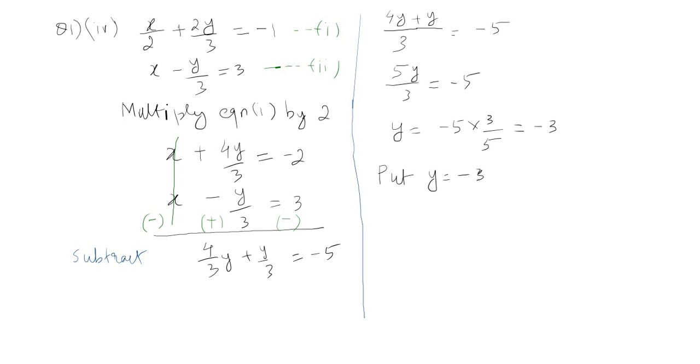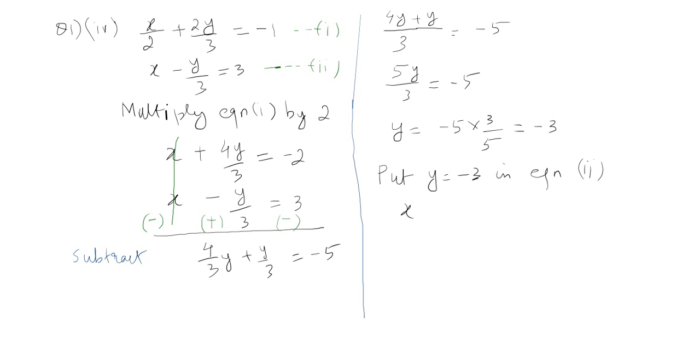So now x minus minus 3 upon 3 is equal to 3. Now why? Because there is a minus here, you can see. This minus has come because of this, and this y is because of this minus 3.